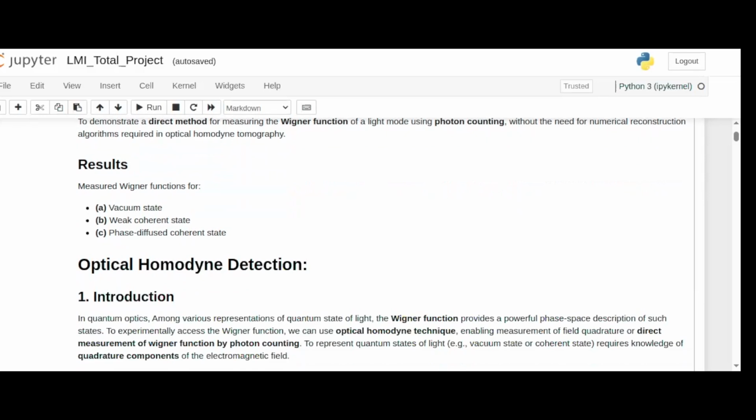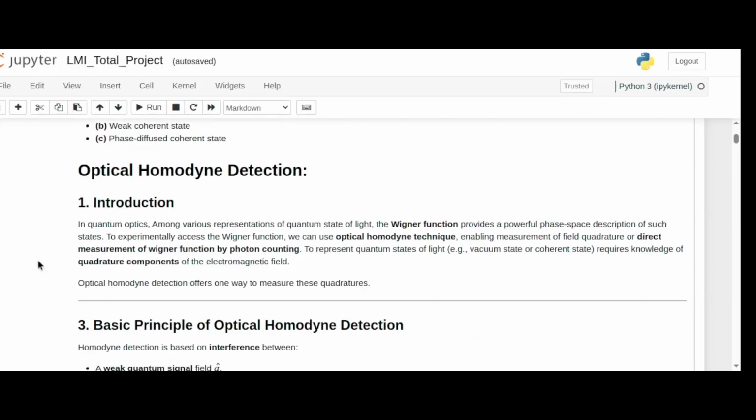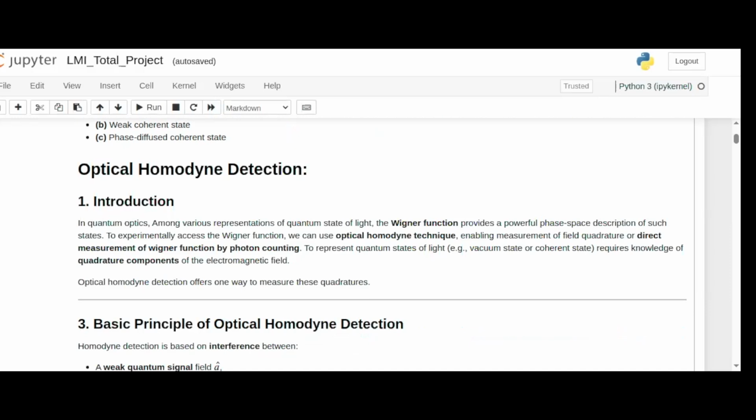In quantum optics, among various applications of states, the Wigner function provides a powerful phase space picture of such states. To effectively access the Wigner function, we can use optical homodyne technique, which enables measurement of the quadrature, or direct measurement of the Wigner function for counting. There is a key difference between optical homodyne and the direct way to measure the Wigner function. That's going to come in a few minutes.